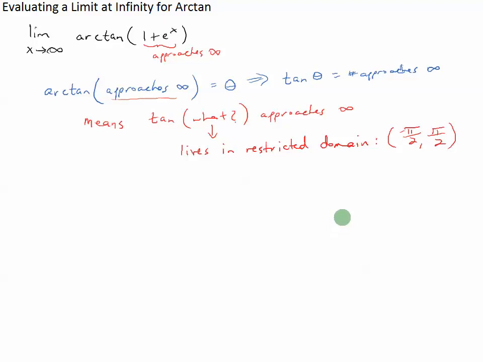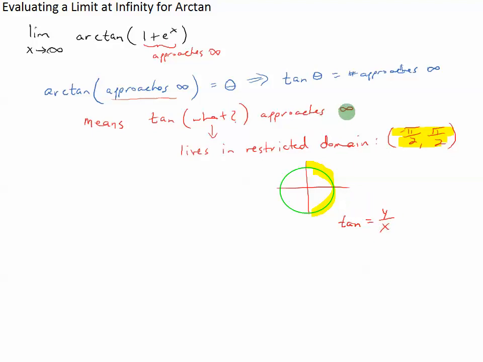So if we look at a picture of this, let's look at this restricted domain here. See if I can get a good circle here, something like that maybe. The restricted domain, negative pi over 2 to pi over 2, is this region here. And tangent of something is y over x.